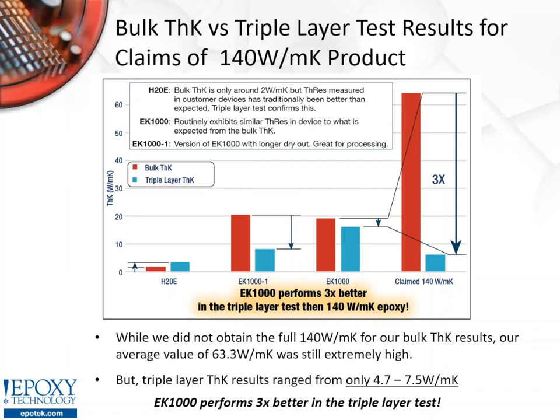Excellent. But once we put it into our triple layer thermal conductivity, that thermal conductivity dropped to 4.7 to 7.5 watts per meter K. The EK1000 performed 3 times better in the thermal resistance testing, in the triple layer testing.